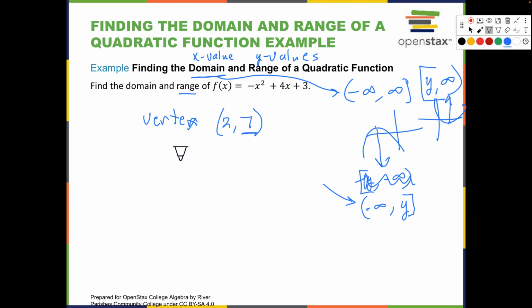So the y-coordinate was 7, so my range is going to be from negative infinity to 7. And 7 is included in the range. So as far as that makes sense, domain and range, best way to get it from the graph. Good.